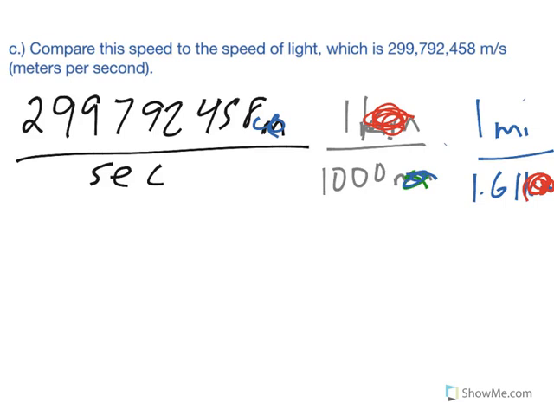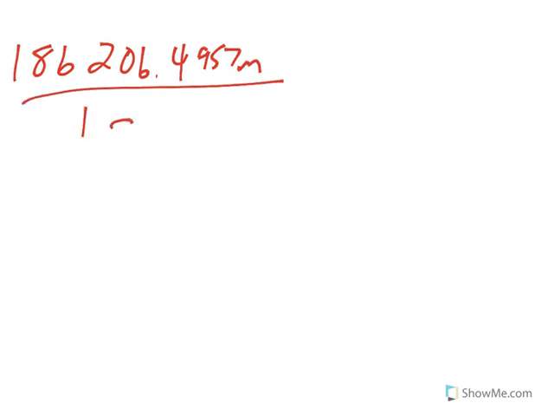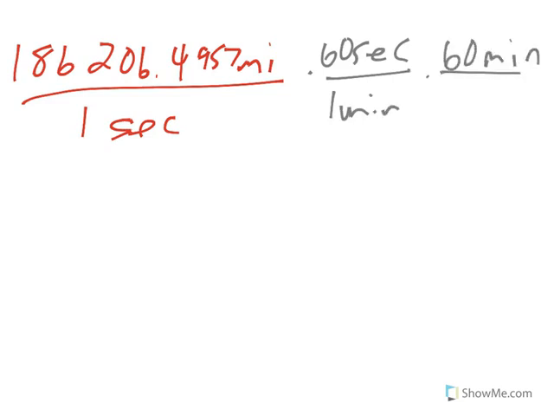So notice that in the top I have miles and in the bottom I have seconds. So right now I have 186,206.4957 miles over 1 second because I'm still in seconds. So now I'm in miles per second and I want miles per hour. So now I'm going to do the 60 seconds is 1 minute and 60 minutes is 1 hour, because my minutes will go away, my seconds will go away.